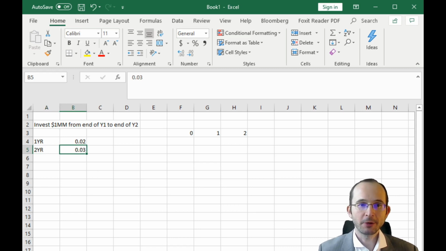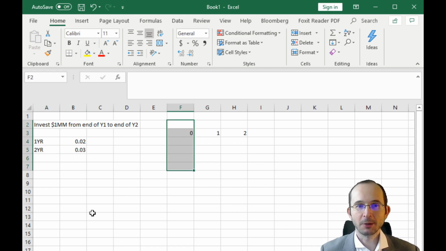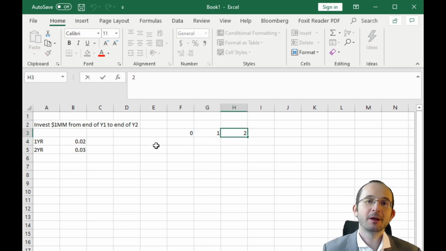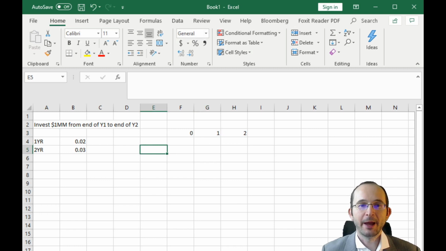How can we trade in these 2 zero coupon bonds right now in time zero to actually create a synthetic forward loan during year 2, that is at the end of year 1 to the end of year 2? In other words, if we have a certain amount of money, let's say $1 million to invest between the end of year 1 to the end of year 2, how can we do it?